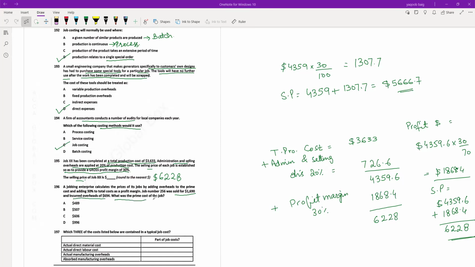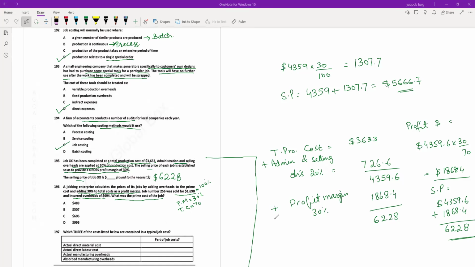What was the prime cost of the job? So here we are required to calculate the prime cost for the job. This is the given selling price which includes 30% to total cost as a profit margin, which means what? This one is 100%. We have profit margin of 30% and we have total cost of 70%.